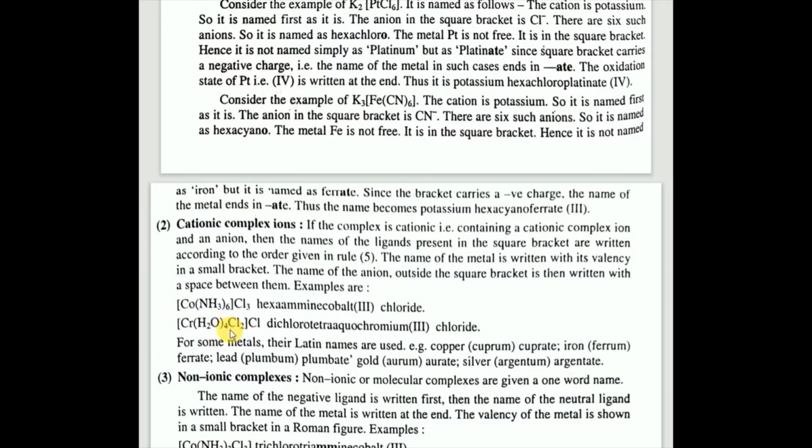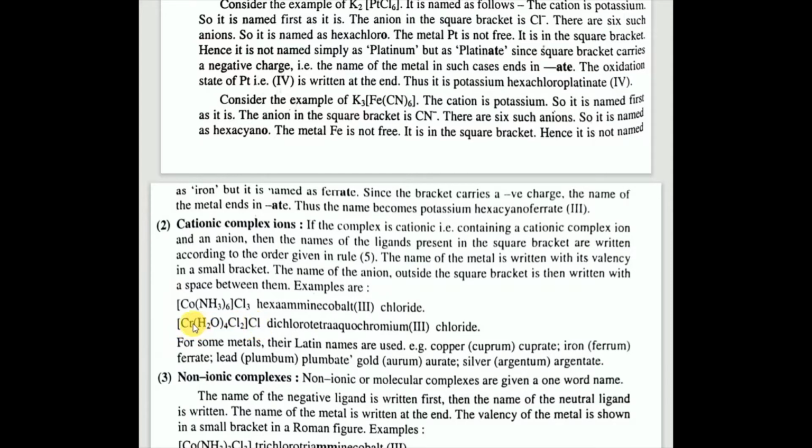So first we write the name of the negative ligands. The negative ligand is chlorine. There are 2, therefore its name is dichloro. Then water ligands, 4 water molecules, therefore its name is tetraaqua. Therefore first write the name of the ligands, then the central metal atom with its oxidation state in Roman numerals, and finally write the name of the anion.